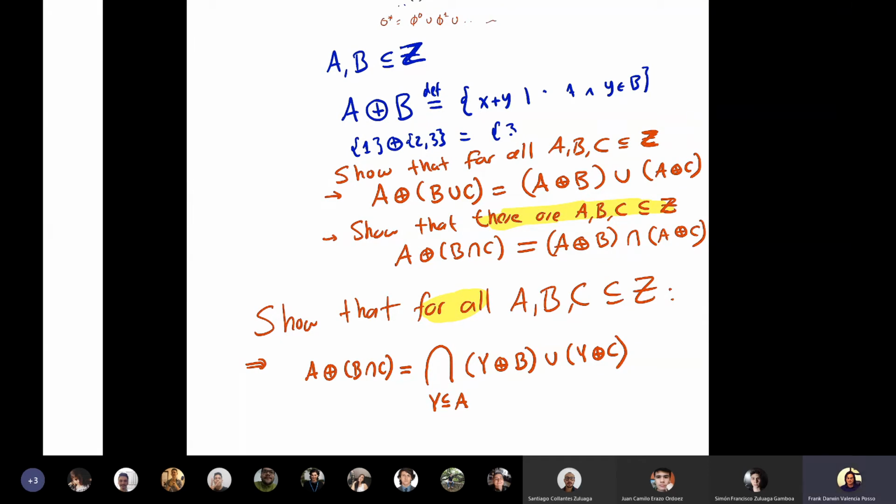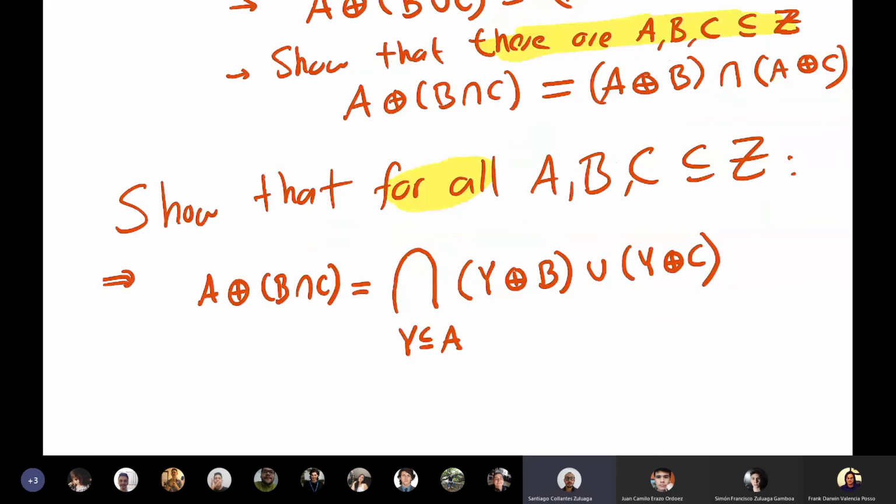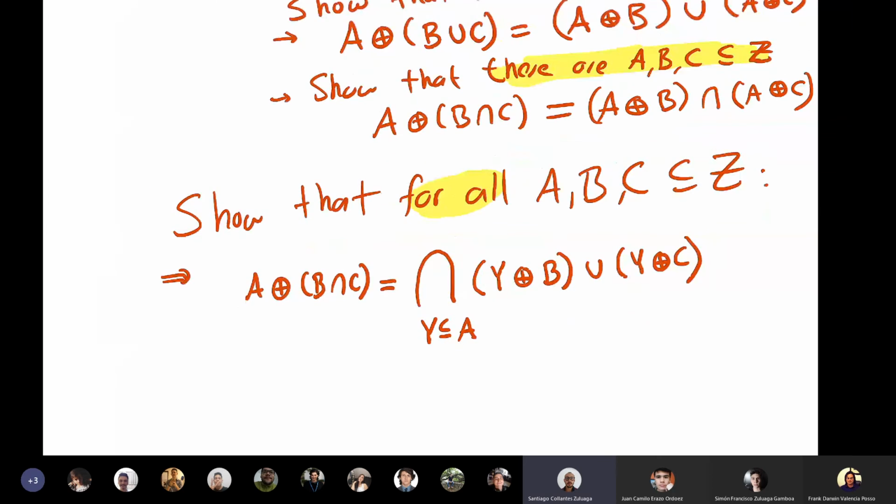So, do you understand this notation? En la última, en la notación de la intersección, en la parte de abajo, es que no alcanzo a ver. Ah, ya. Es Y que esté contenida en A, ¿cierto? Sí.